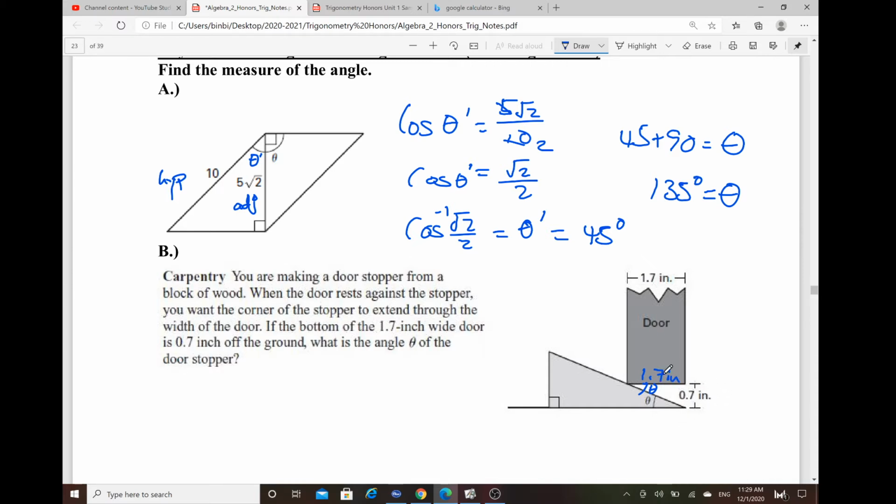So we're using adjacent and opposite, which means we're using the ratio of tangent. Tangent of theta is opposite over adjacent, so it's 0.7 over 1.7, which is considered 7 over 17. So tangent of theta is 7 over 17.